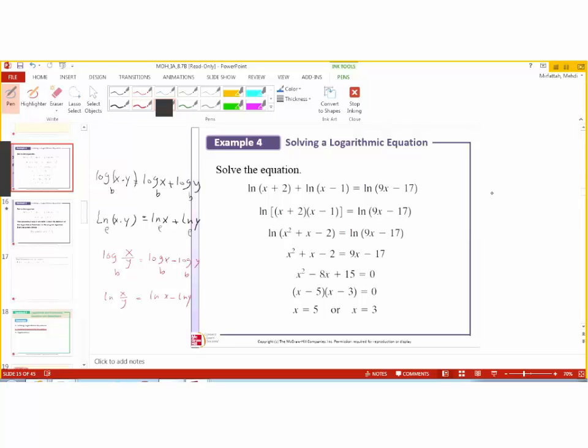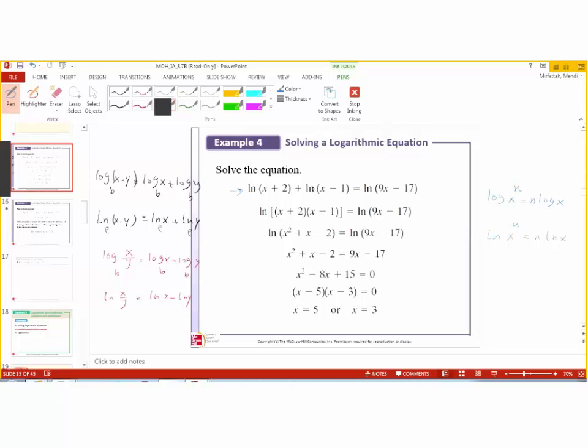Remember we had this property, log of x to the power of n is equal to n log of x. That would be the same for the natural log. So pretty much all the ones that we did work the same.